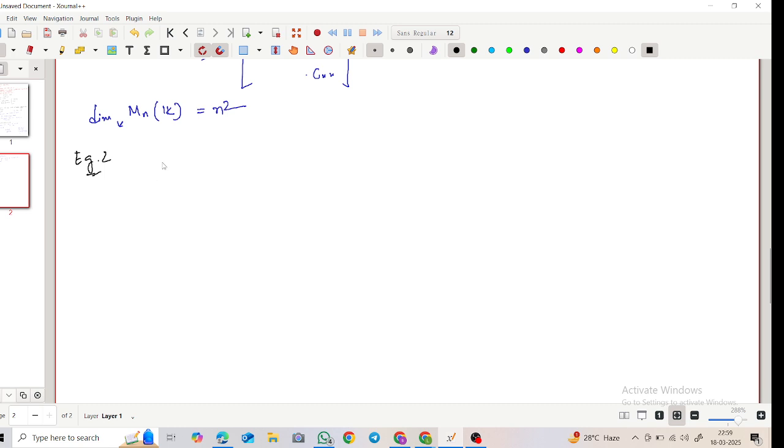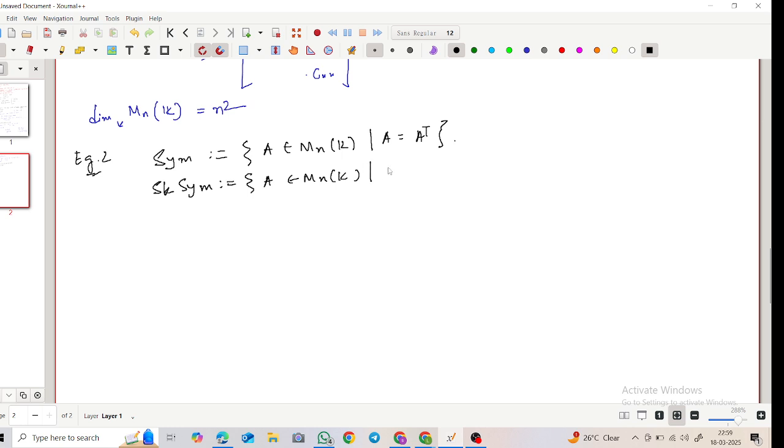Let's write Sym as the space of all symmetric matrices in M_n(K) such that A equals A transpose, and let's write Skew-Sym to be all those A belonging to M_n(K) such that A equals minus A transpose.